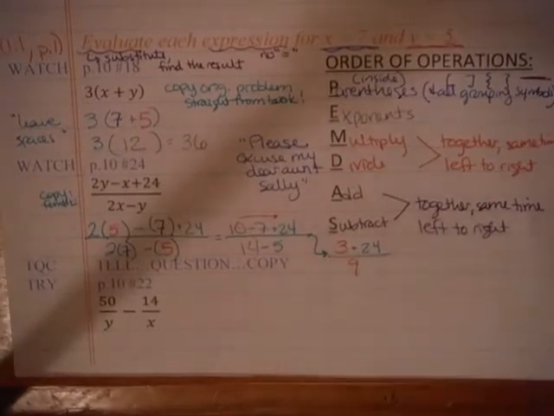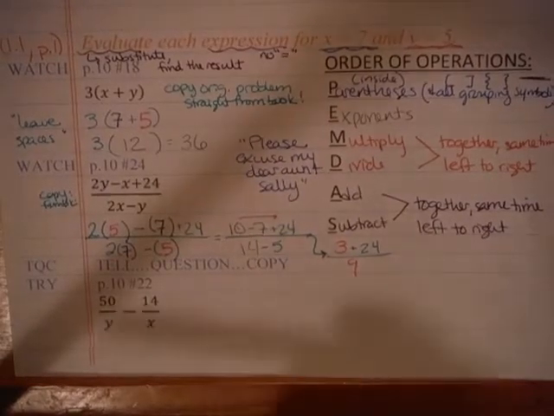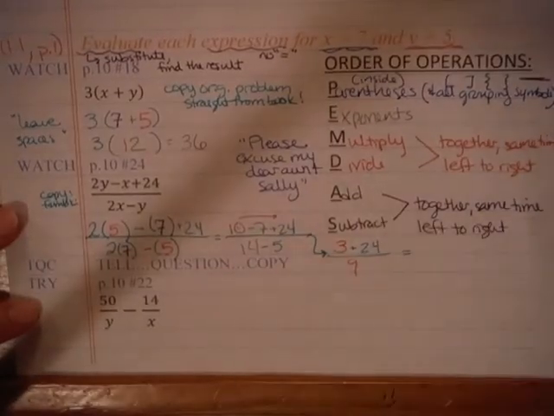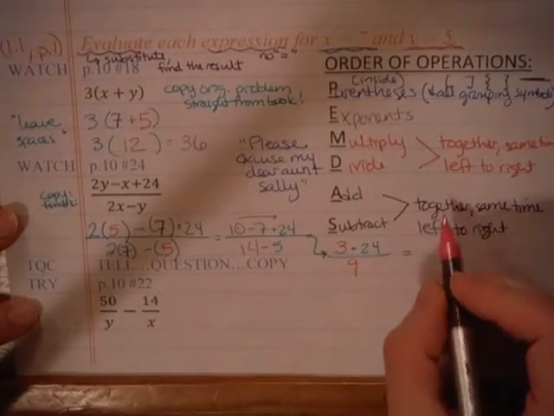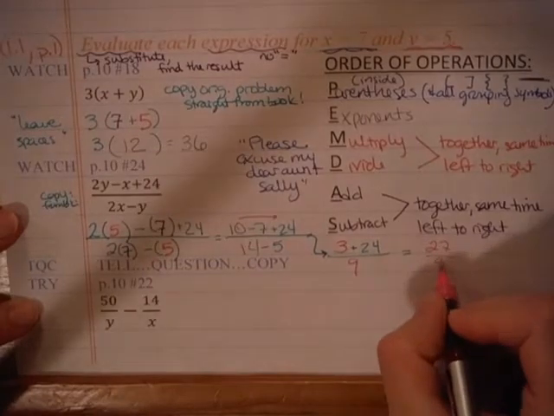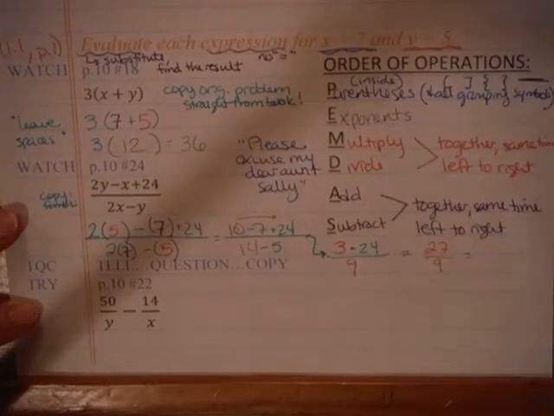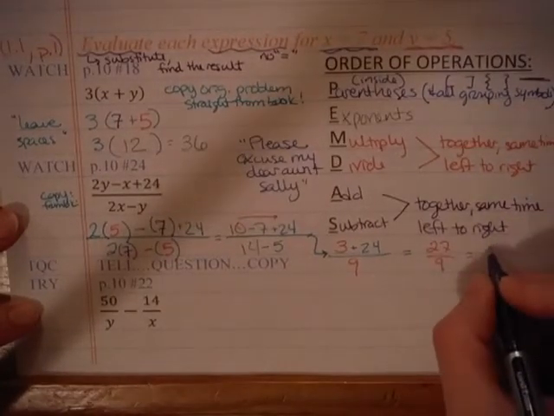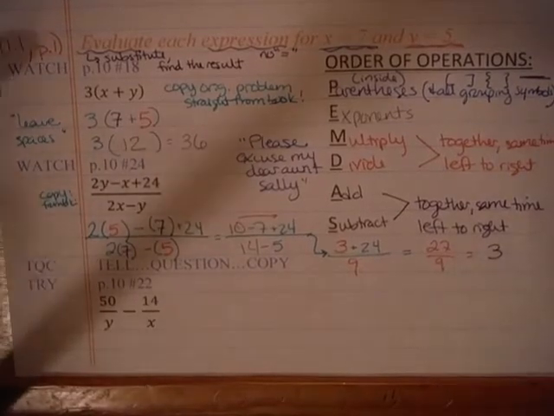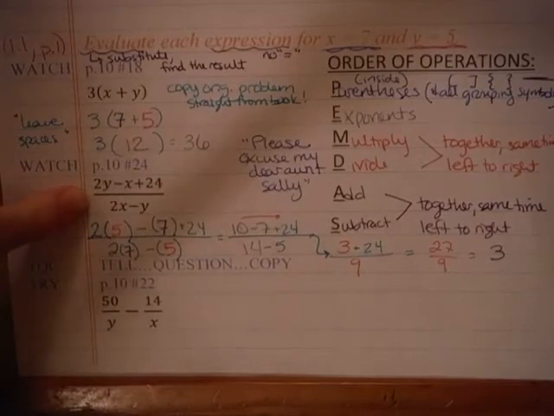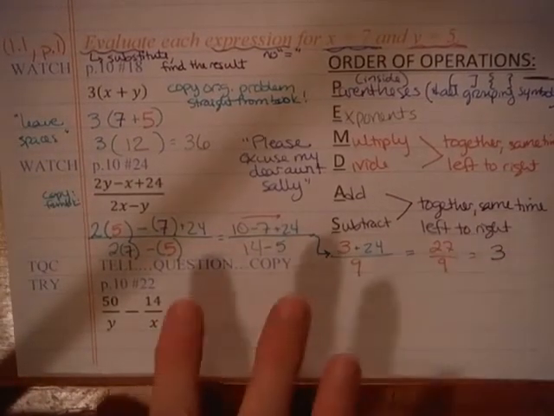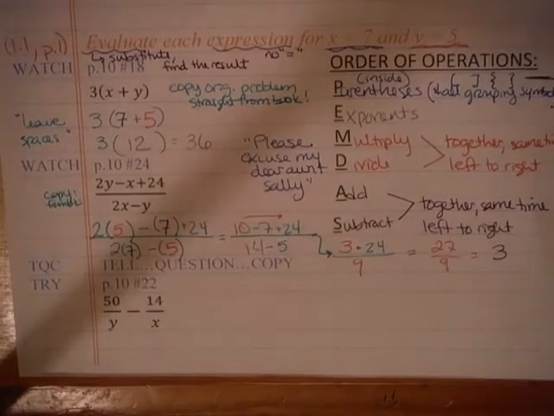And then we can move ahead. 3 plus 24 on the top is 27, whole thing over 9, and that reduces to just 3. So when you evaluate, you're going to end up with a result here, and for number 24, our result is 3.